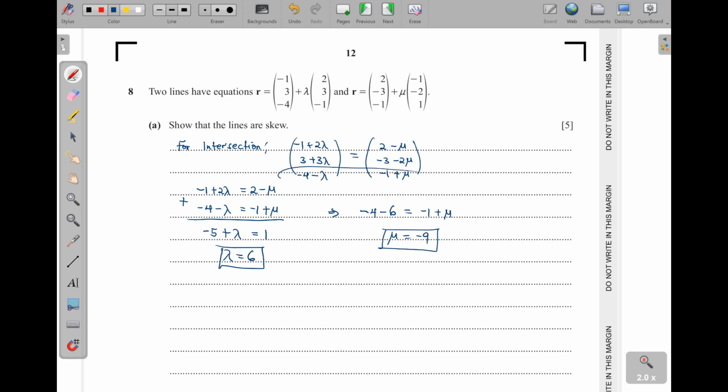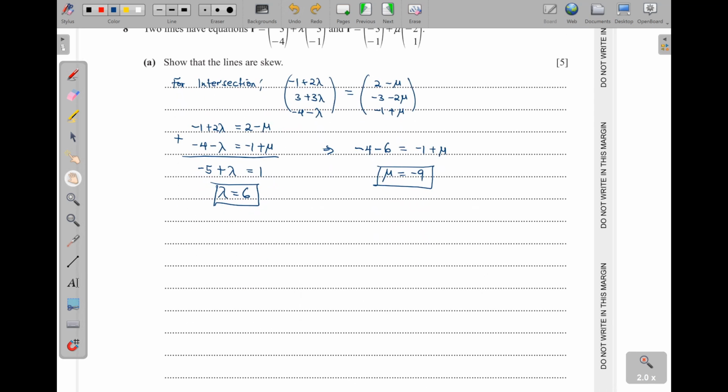Now, I used the third one and the first one. So I need to test with this third one here. So we are going to have, using the second equation, here, we have 3 plus 3 lambda, which is equal to -3 minus 2 mu.